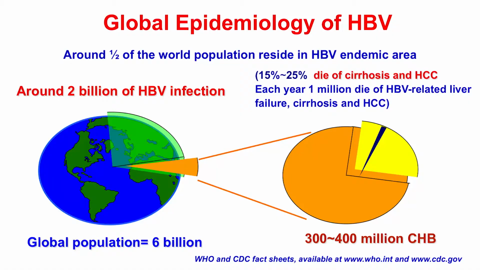So first of all, I would like to talk about the global prevalence of hepatitis B infection. These slides illustrate the current epidemiology of hepatitis B. Of the global population of around 6 billion, around 2 billion people have been infected by hepatitis B. Among them, 300 to 400 million have chronic hepatitis B infection, and among them, 15 to 25% will eventually die of liver cirrhosis and HCC in their lifetime.